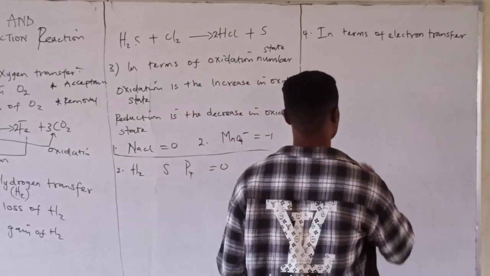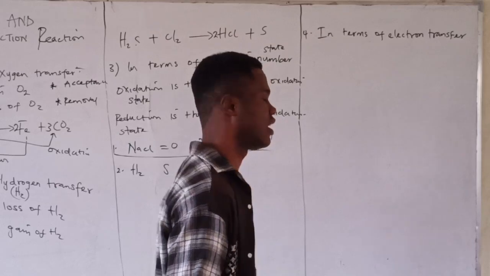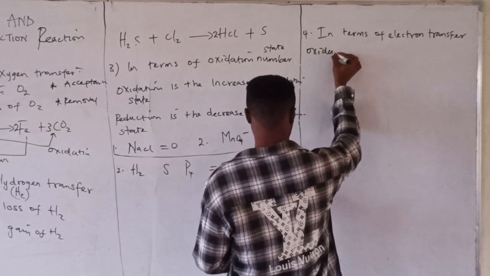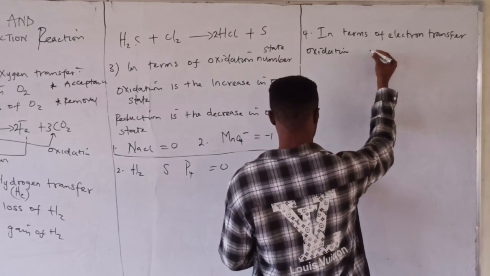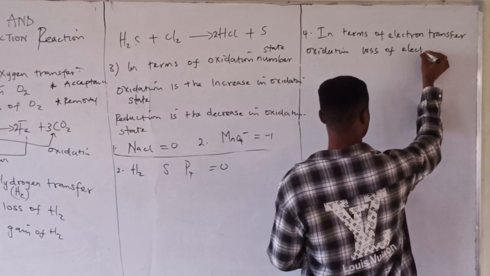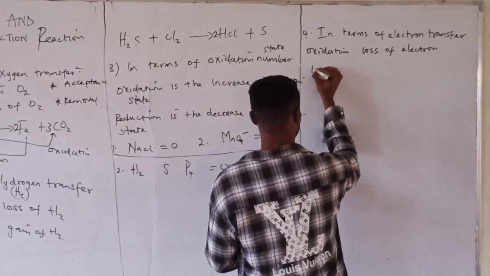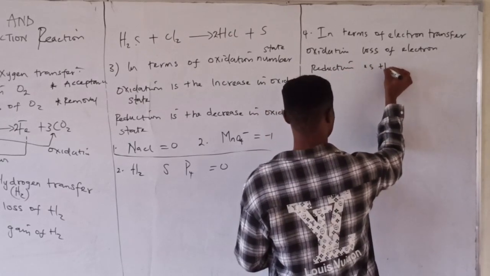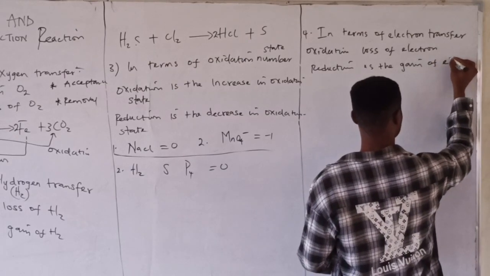So what is oxidation in terms of electron transfer and what is reduction in terms of electron transfer? Let me write it on the board. Oxidation in terms of electron transfer is the loss of electron, and reduction is the gain of electron.